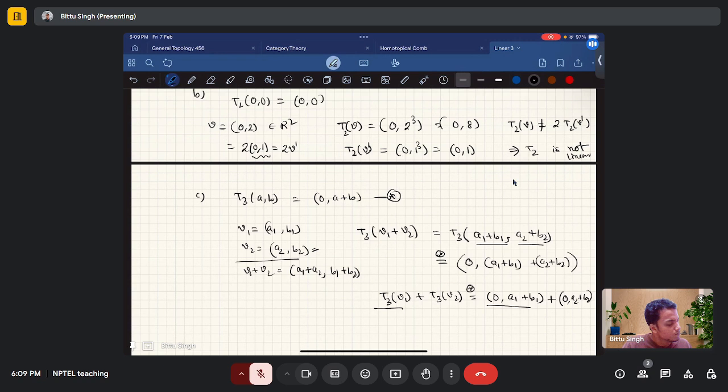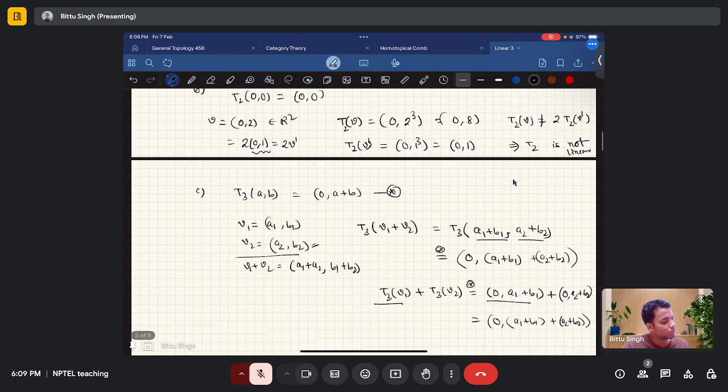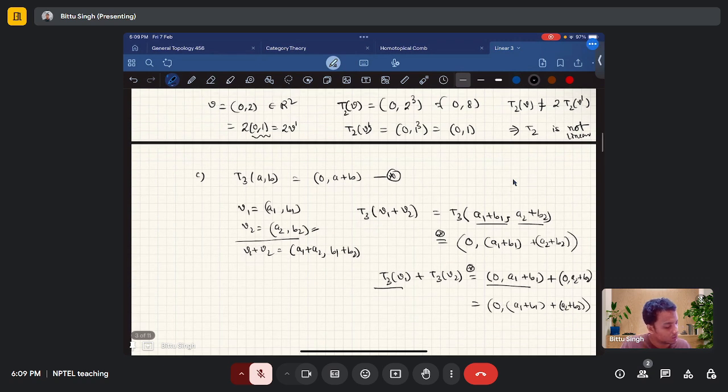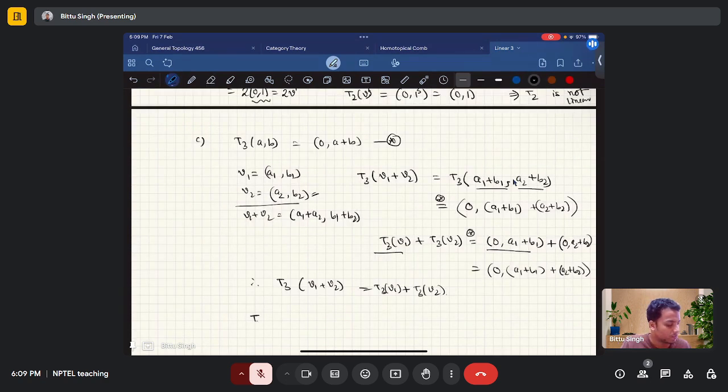So this is the same as 0 comma A1 plus B1 plus A2 plus B2. Those two are the same, that is, T3 preserves addition: T3 of V1 plus V2 is the same as T3 V1 plus T3 V2. But we are not done. We need to check if it preserves scalar multiplication.